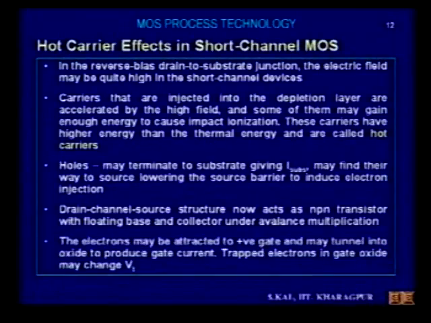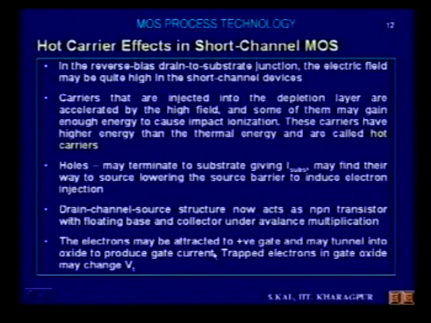The electrons may be attracted to the positive gate and may tunnel into the oxide to produce gate current. Trapped electrons in the gate oxide may change VT, the threshold voltage of the MOSFET. This is another severe effect in short channel devices. Because hot carriers are energetic, the electrons may be attracted to the positive gate.